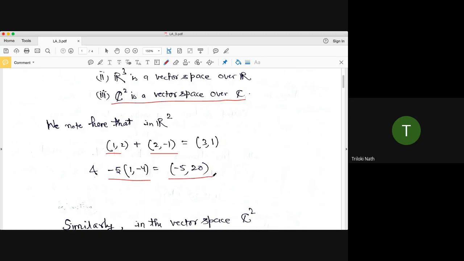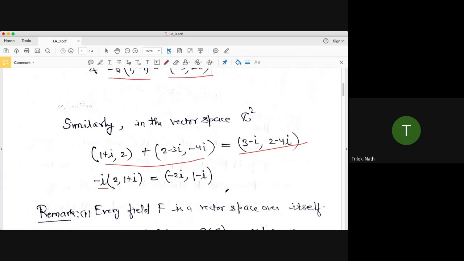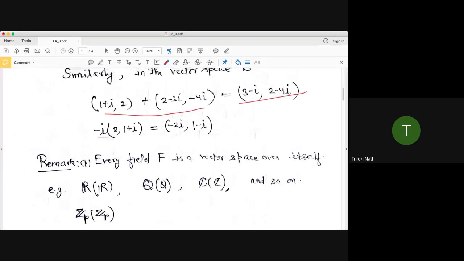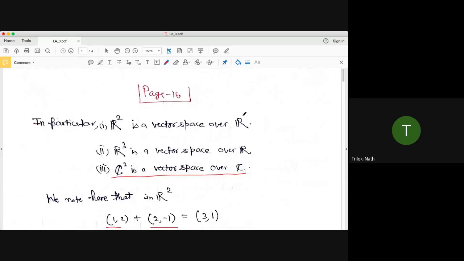Similarly, in C^2, addition means the first coordinate is added to the first, the second to the second, and scalar multiplication means -i is multiplied to both the first and second coordinates. So you see every field F is a vector space over itself, because R^2 is a vector space over R and R^3 is a vector space over R. Let us reduce to 2.